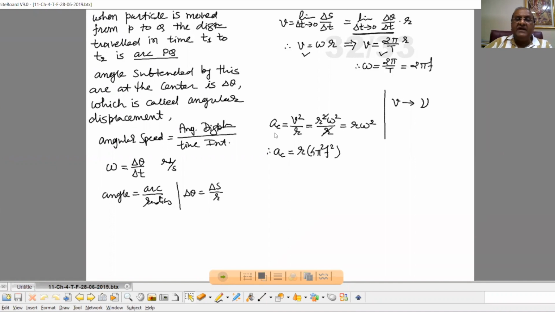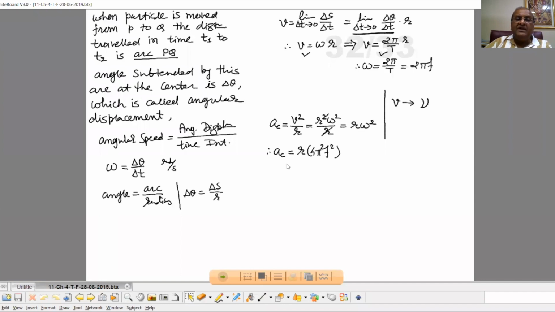Now we have centripetal acceleration, that is V square by R. First we substitute V equal to R omega. So R square omega square by R, so you will get R omega square.